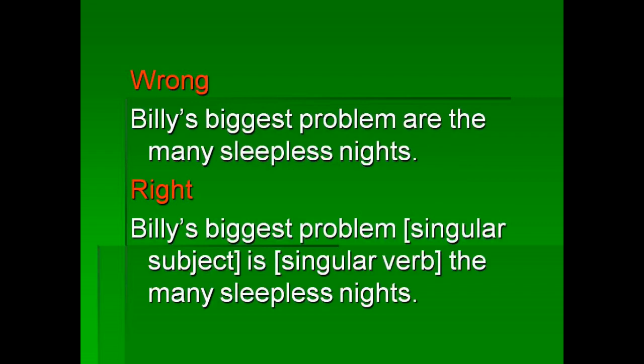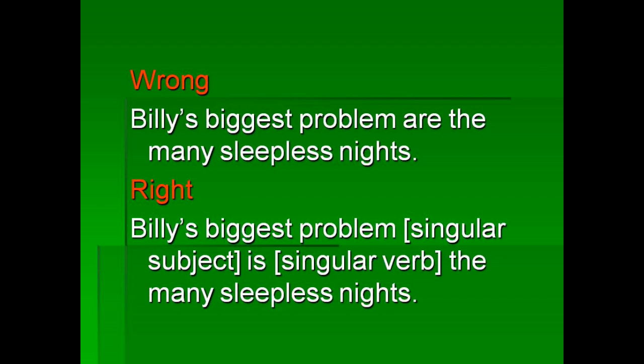For example, "Billy's biggest problem are the many sleepless nights." That is wrong. We are referring to one subject, Billy, because the apostrophe between Billy and S is referring to ownership.